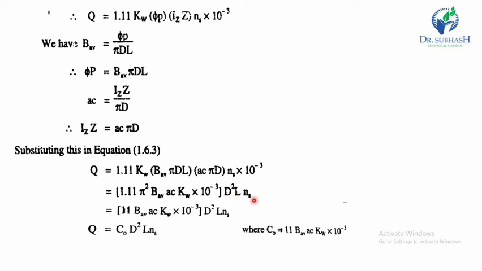So d square LNS is our variable. All other constants we put as C0, which is called the output coefficient or output constant C0. So we get C0 d square LNS, and this is our final output equation with our specific magnetic loading, specific electric loading, speed and main dimension.